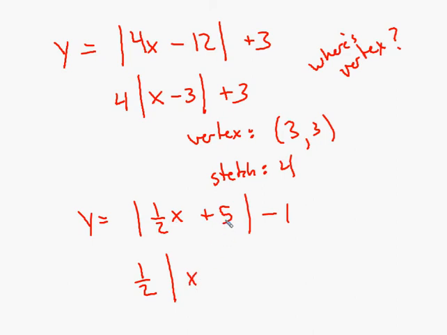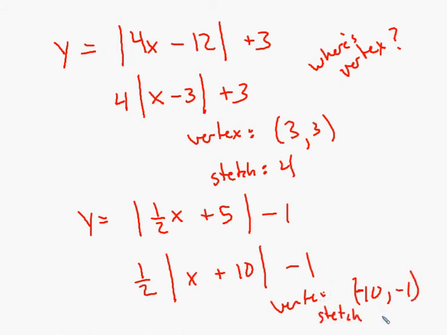That means I'm dividing. So I need to divide that 5 by 1/2. So that's actually going to make it a 10. So now my vertex is -10, -1, with a stretch of 1/2. When you factor out, how did I go from 12 to 3?